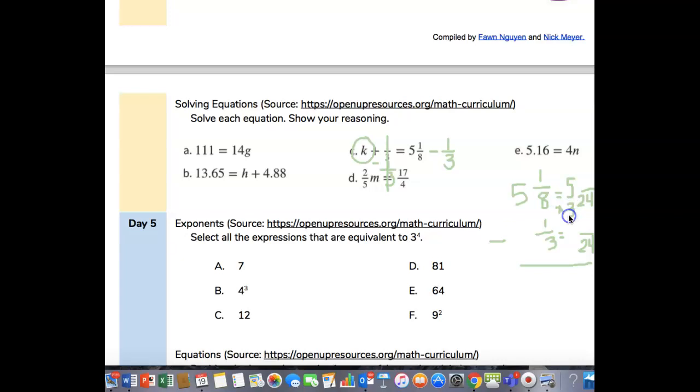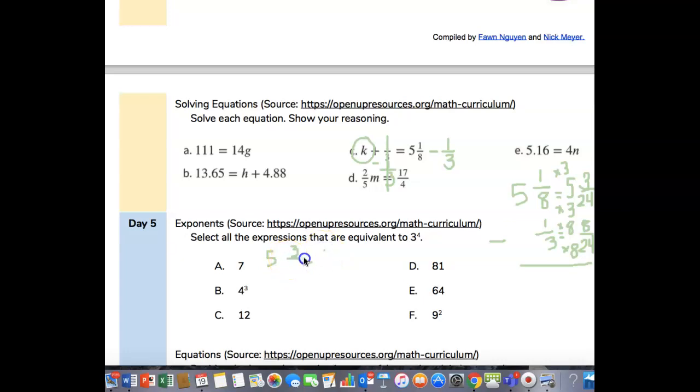So remember our rule, whatever we do to the bottom, we have to do to the top. So 1 times 3 is 3. Now 3 times what is 24? I hope you said 8. Whatever we do to the bottom, we have to do to the top, so this is 8/24ths. So now our problem is 5 and 3/24ths.